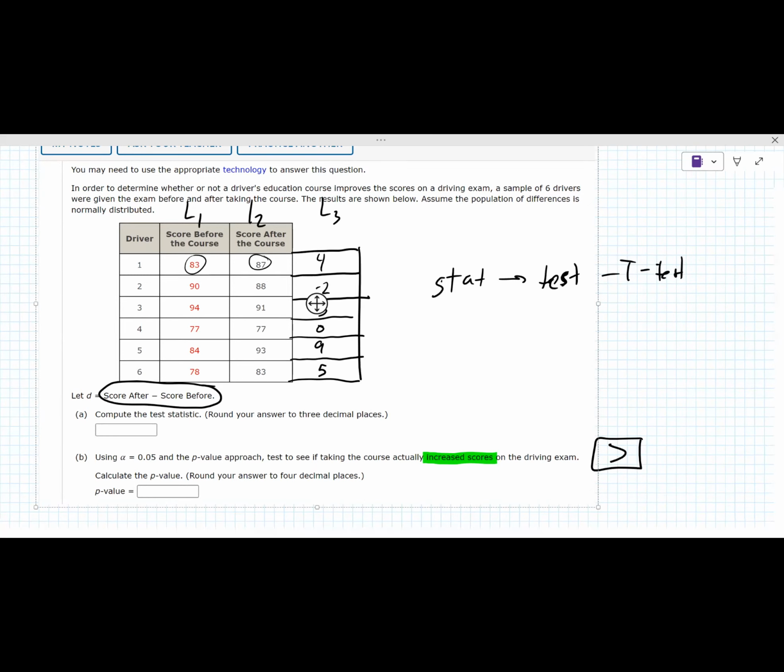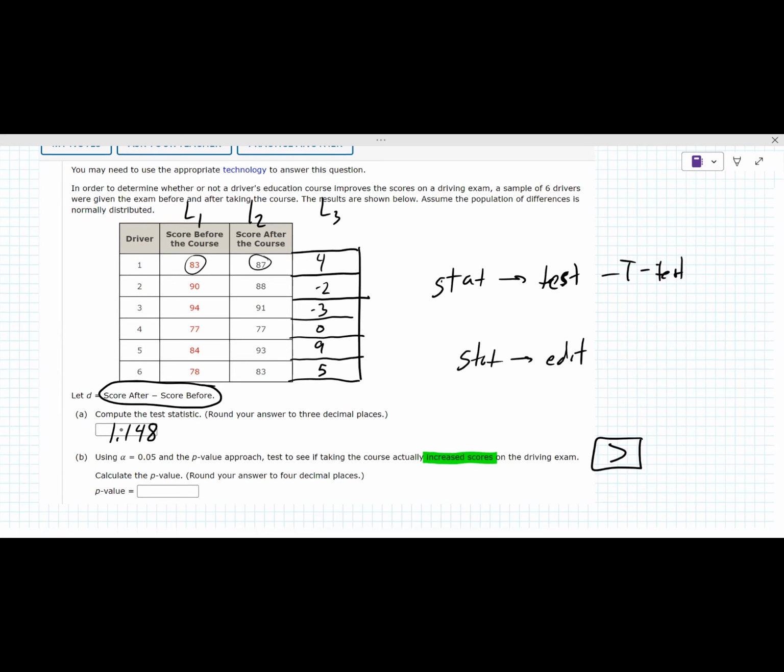I got a different value. You use these differences: 4, -2, -3, 0, 9, and 5, and you do L3. Okay, I got a T-stat of 1.148. I don't know how to go back and look at my data. It's going back to stat, edit.